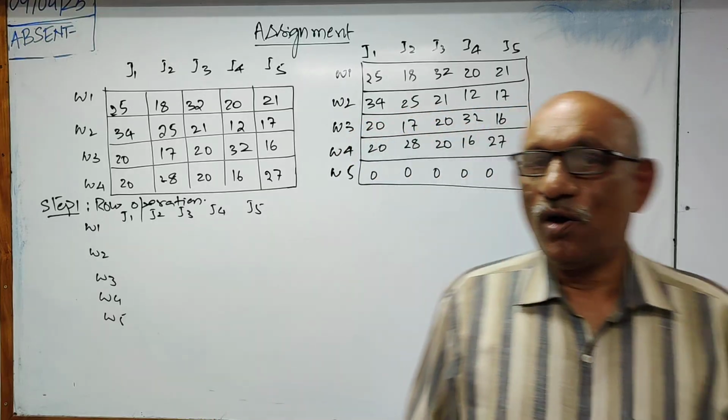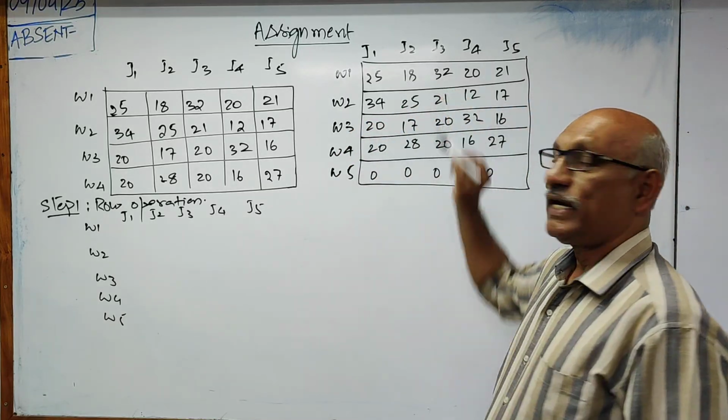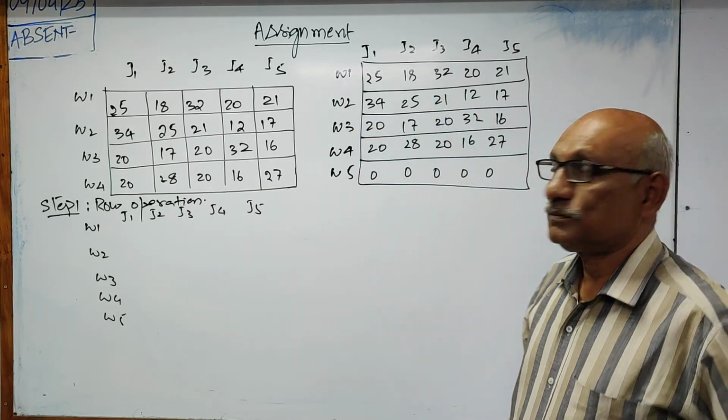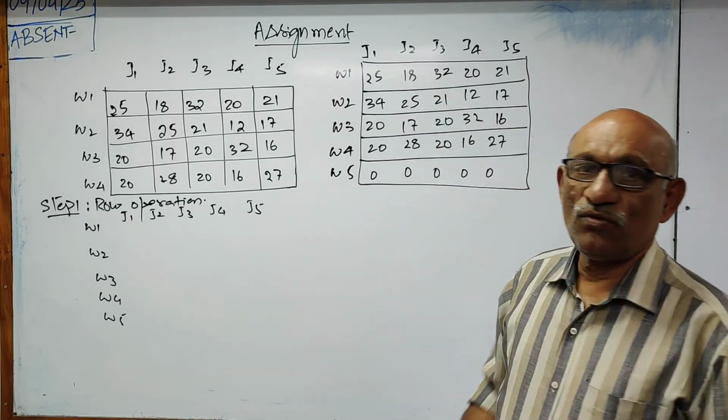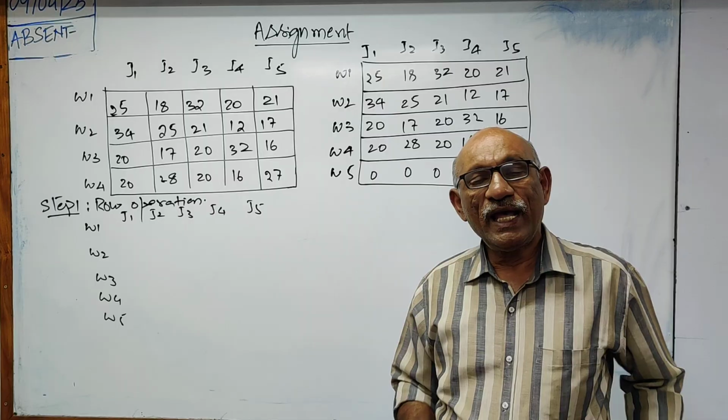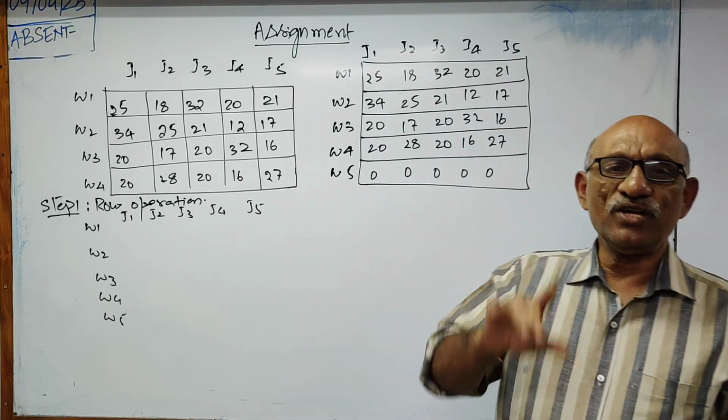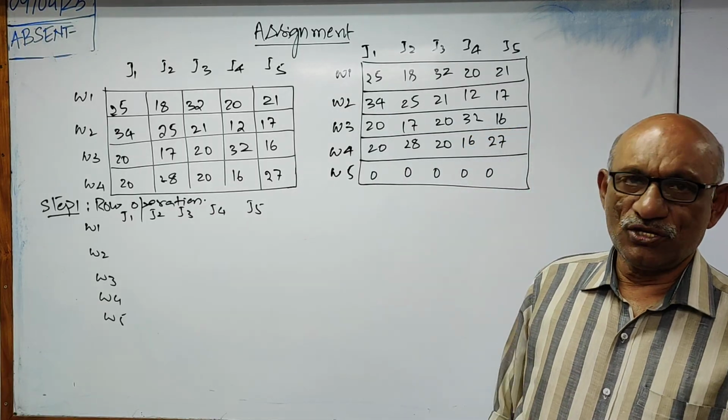How to do this row operation? Select the least value from the first row. 18 is the least value. Subtract 18 from each and every element of the first row.